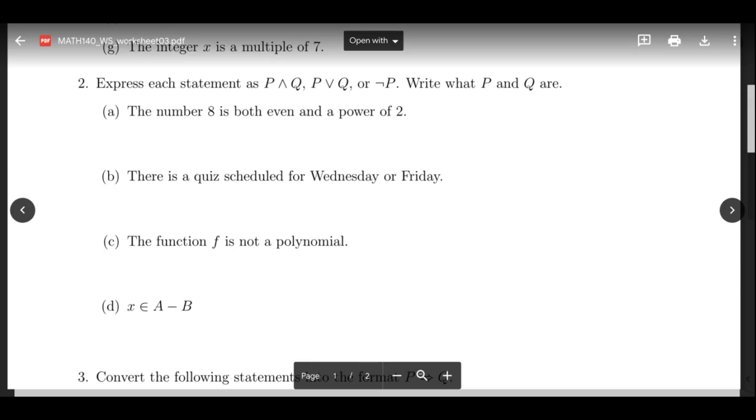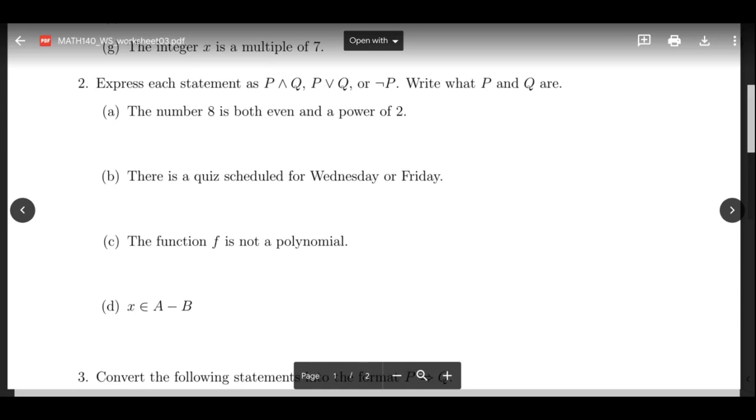So is it P or Q, P and Q, not P, not Q? Which one? Not P, right? The function f is not a polynomial, so it is not P. All right.